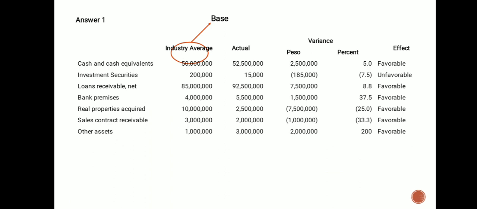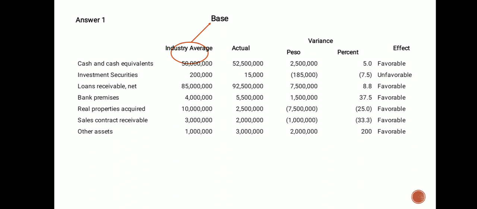So like for example, we have an actual amount of 52,500,000. Then we're going to compare it with the industry average data of 50 million. So there's a difference, or absolute amount of difference in peso, of 2,500,000, and it is equivalent to 5%. So 5% is computed by dividing the 2,500,000 by the base amount, which is 50 million pesos, and then we get the 5%.